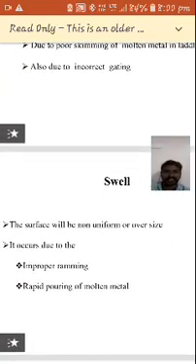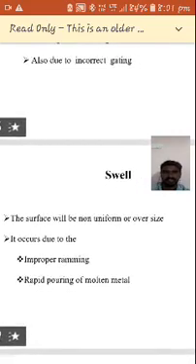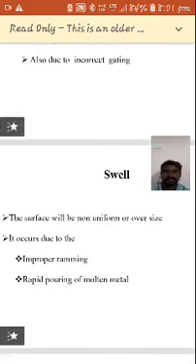And then next is swells. Here we have two main factors: one is shrinks, another is swells. Why will swells occur? The surface will be non-uniform or oversized.